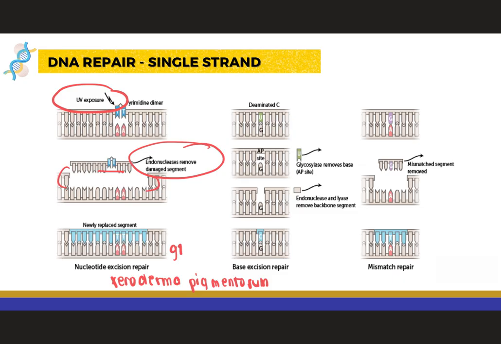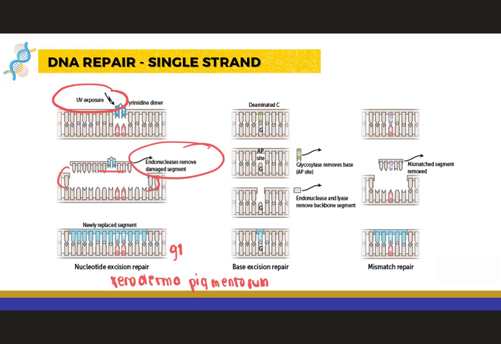So, xeroderma pigmentosum presents with dry skin, photosensitivity, and as well as skin cancer. Again, the problem in your XP or xeroderma pigmentosum is inability to repair DNA pyrimidine dimers caused by ultraviolet rays exposure.